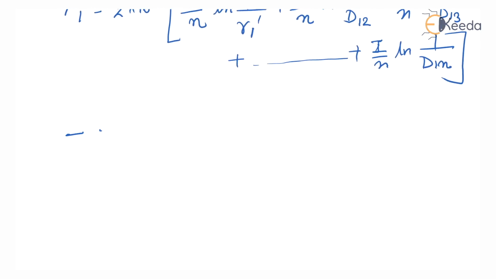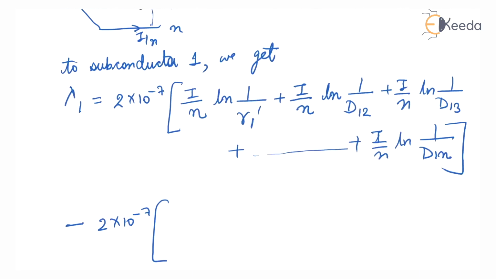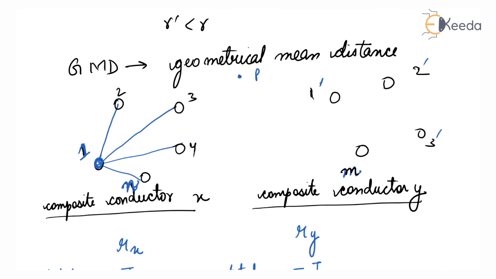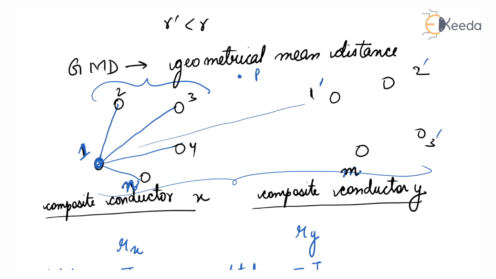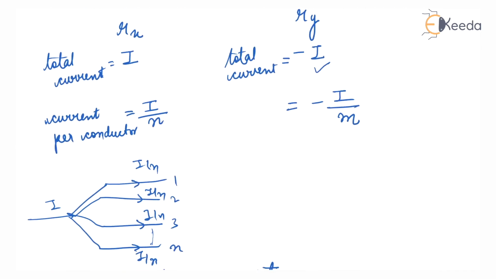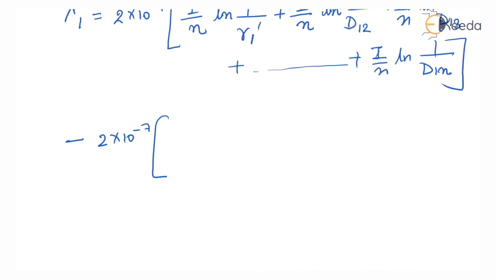Now minus 2 into 10 to the power minus 7. Now this is within the group, now between the groups. So 1 to 1 dash, 1 to 2 dash, 1 to 3 dash, up to 1 to m. So minus 2 into 10 to the power minus 7 I by m.